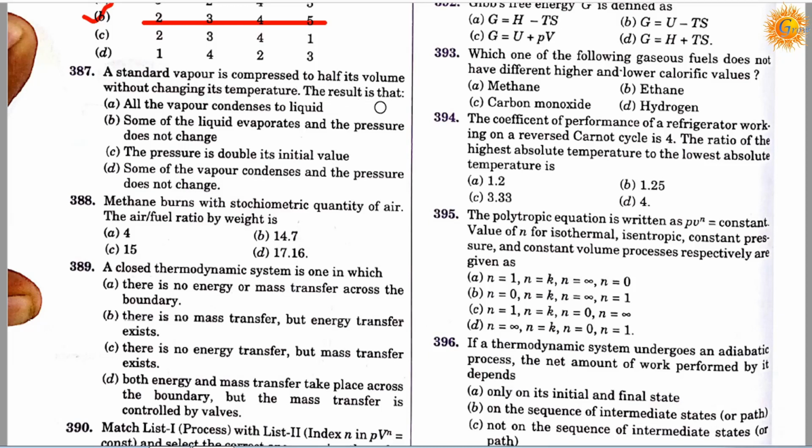The result is that option A, all the vapor condenses to liquid, option B, some of the liquid evaporates and the pressure does not change, option C, the pressure is double its initial value, option D, some of the vapor condenses and the pressure does not change. So the correct answer is D.